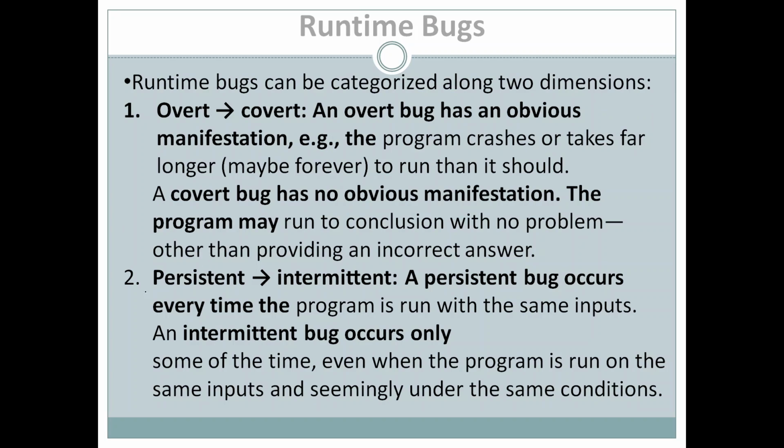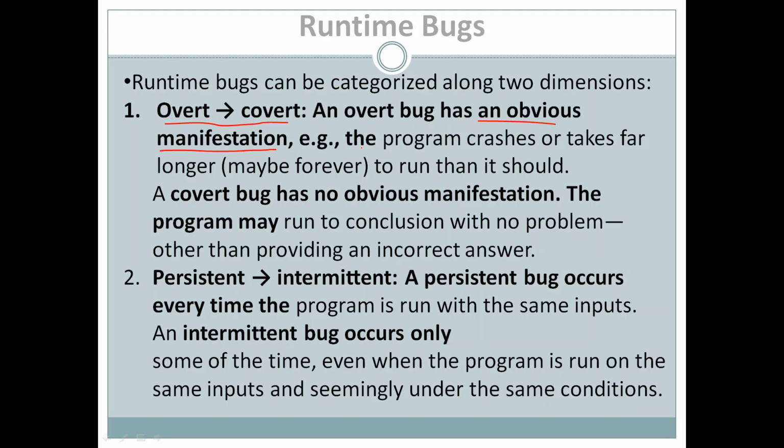Okay, runtime bugs. Runtime bugs can be categorized along two dimensions. First, it is overt to covert. An overt bug has obvious manifestation.